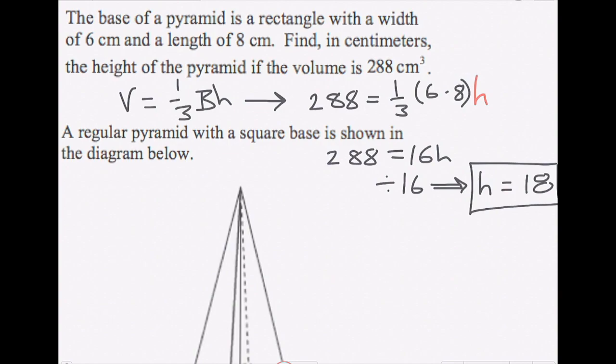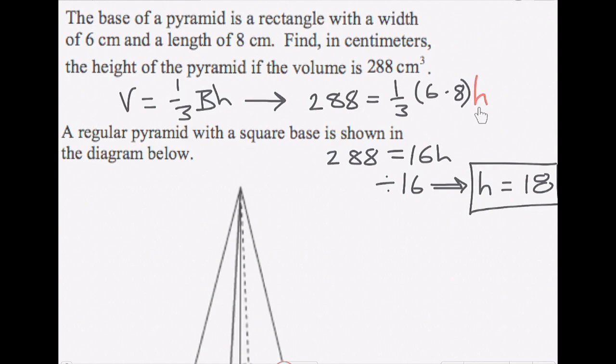All right, so you can see my work right here, 1/3 big B times H. I know that the volume is 288, so I can park that number right there. 1/3, and big B is the area of the base. If the base is a rectangle, length times width would be the area of the base.